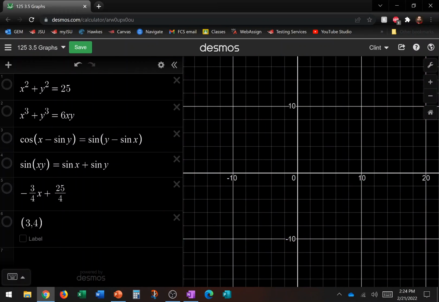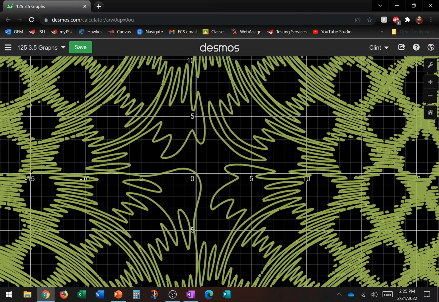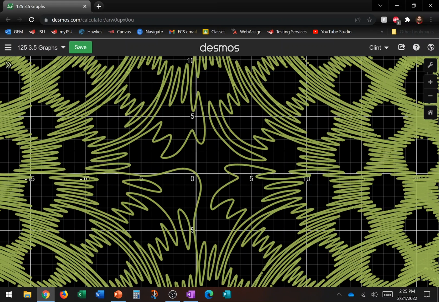This last one looks so innocent. Sine of x times y equals sine of x plus sine of y. Desmos even has a little trouble with this one. There's a pretty interesting looking graph there. Okay.